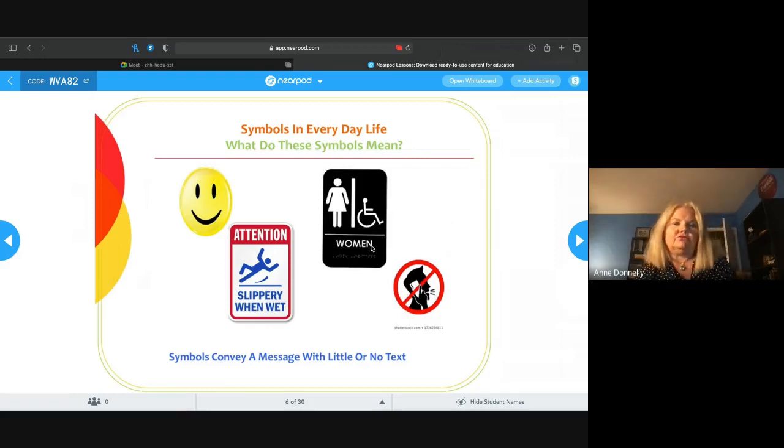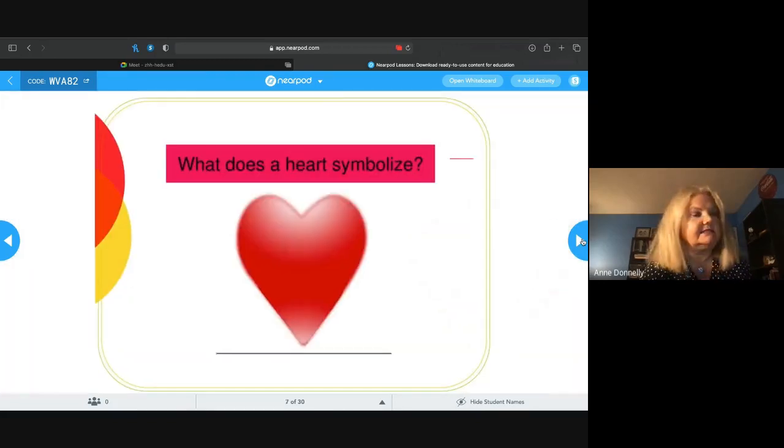If you're in another country and you see that sign, you know that is a ladies' restroom. This sign, a line through a cell phone, is saying no talking, right? So symbols convey a message with little or no text. And this is what we had discussed. A heart symbolizes love.